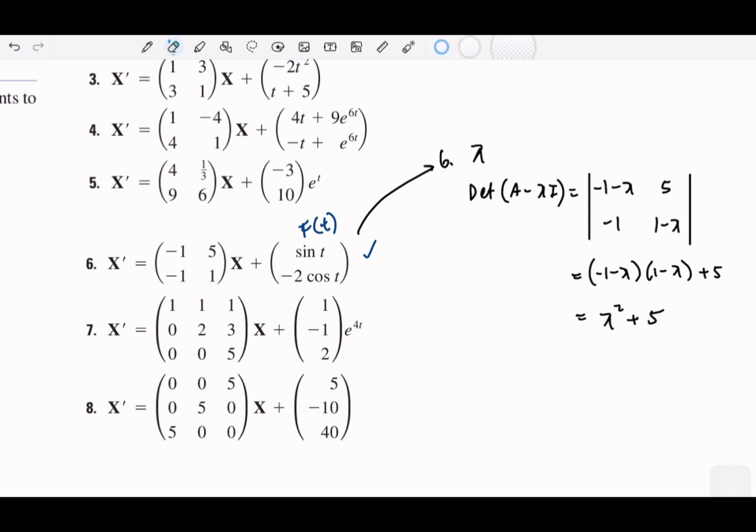Oh, no, 4. This is equal to 0, so lambda squared is -4, which gives you a complex.